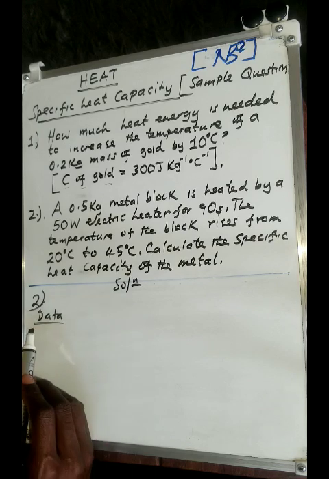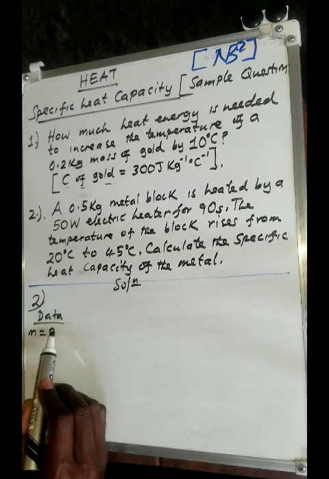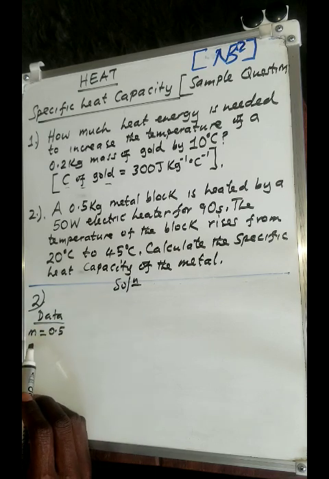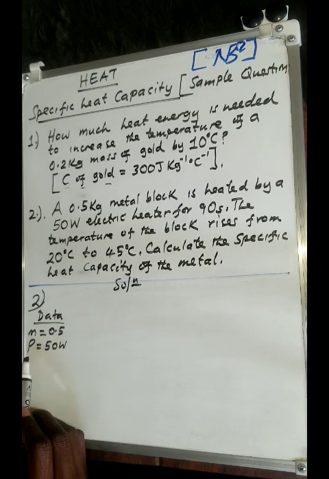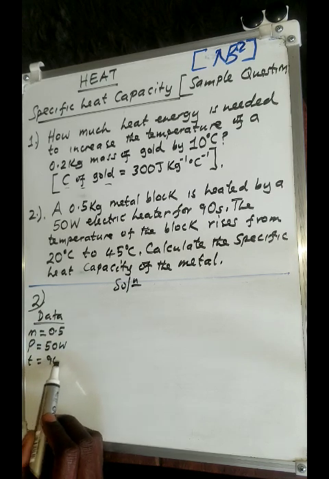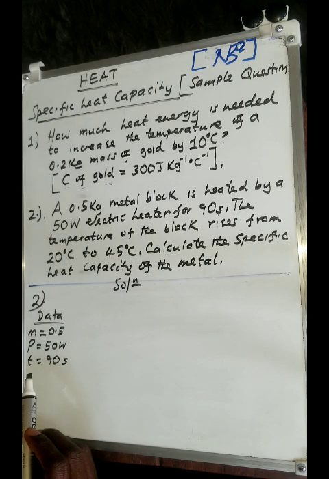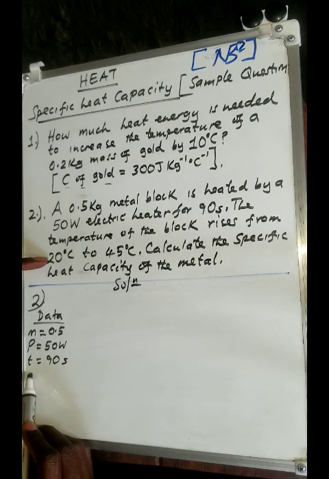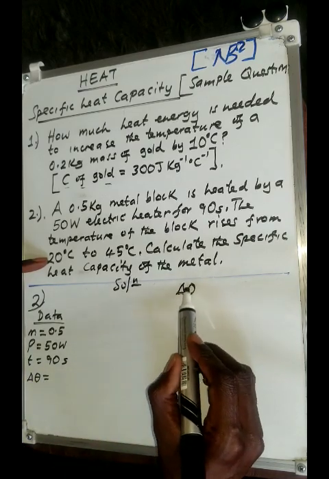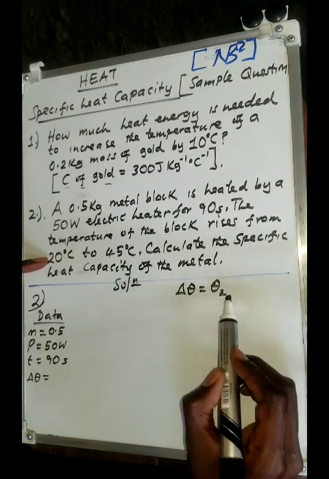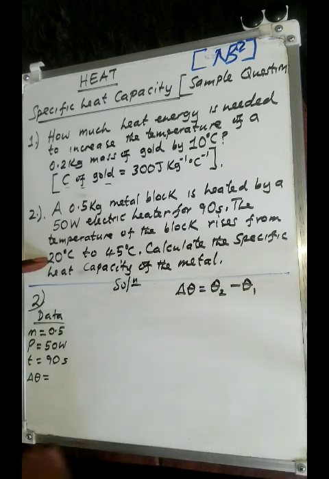According to the data, the mass is simply 0.5 kg. They have given us power, which is equal to 50 watts. That's the SI unit. And the time, they have told us, is 90 seconds. And they have told us the change in temperature. So remember delta theta. When we talk about the change in temperature, it is the final temperature T2 minus the initial temperature.